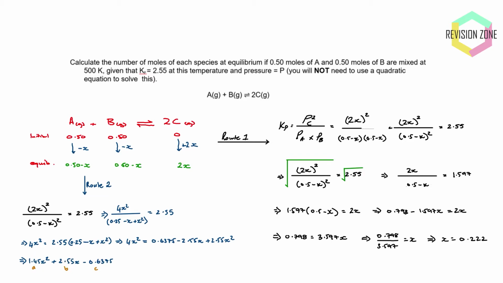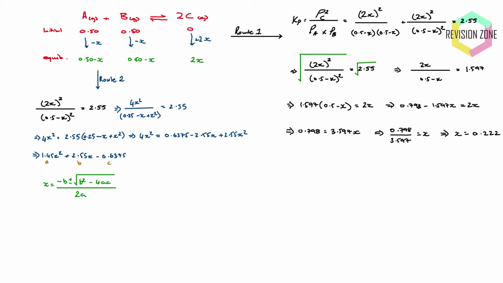So we're just going to input it into the equation as follows. We should know this expression. We're just going to input all the values, b being 2.55, a being 1.45, c being 0.6375, and then divide that by two lots of a. So we're just going to input that all in, and we should get the following, which we do.